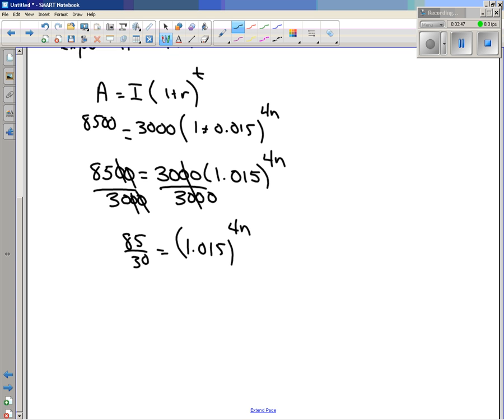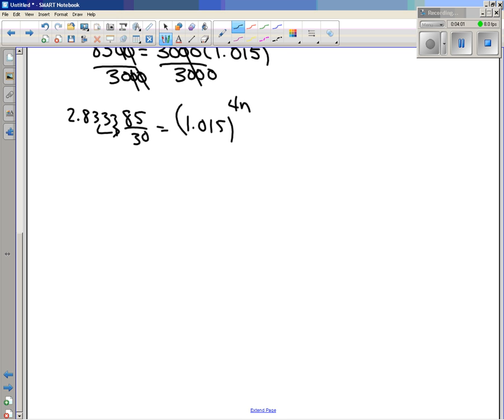If you wanted to just divide them and get a decimal, that's okay. So what's your decimal? 2.8333. Okay, so we could put that in if we want. So if we did 2.8333 equals 1.015 to the power 4n, what's going to be our next step to solving that?